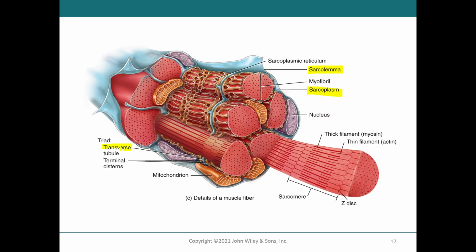This transverse tubule, or the T-tubule, is the blue part right here, and you see it invaginating from that sarcolemma. And then you'll see a lot of mitochondria because we need a lot of ATP for the function of these cells.